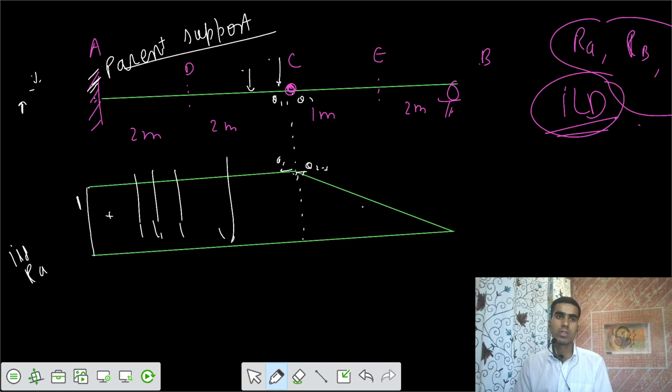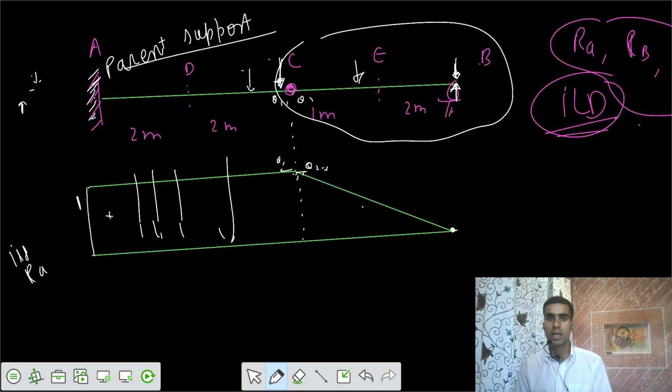Parent support, because this is your dominant support. It takes the entire load. If the load is just before that hinge, if the load is at B, we can say directly that the entire load is taken by support B. That's why here the reaction at A has become 0. After that, we can say this one is your simply supported beam. If there is some load somewhere here, accordingly a shear force of some value, we can call it Pb by L, would get transferred to the cantilever side.